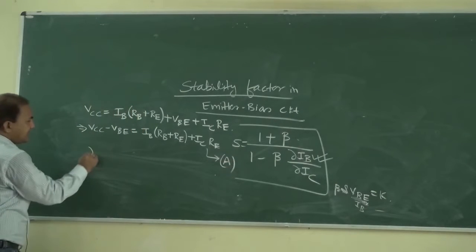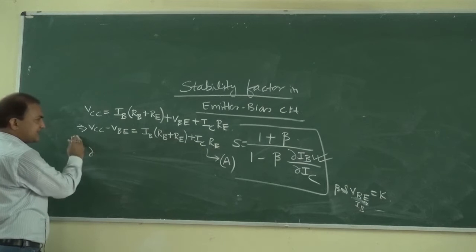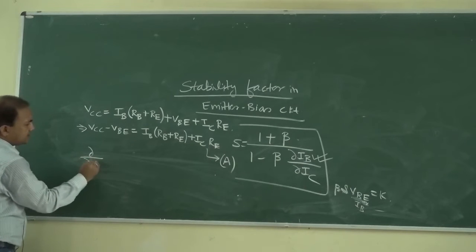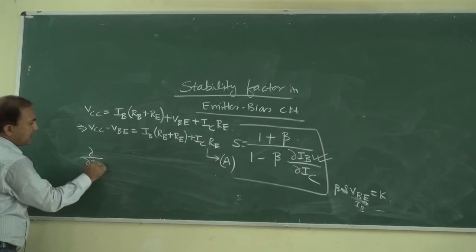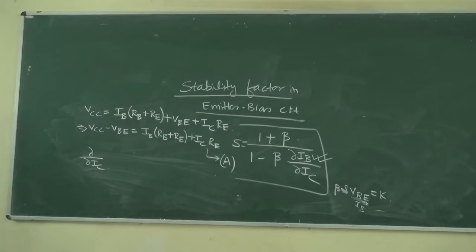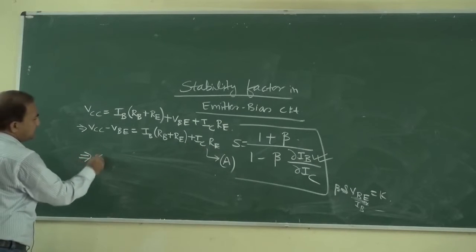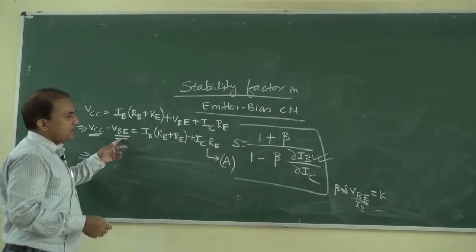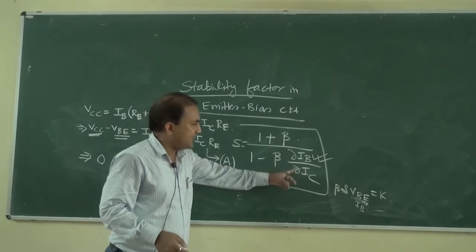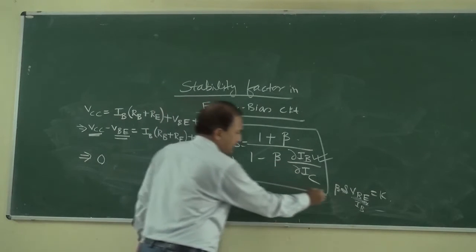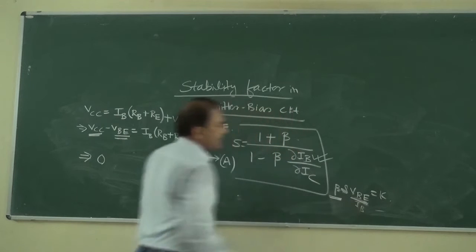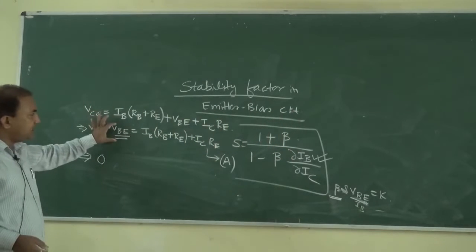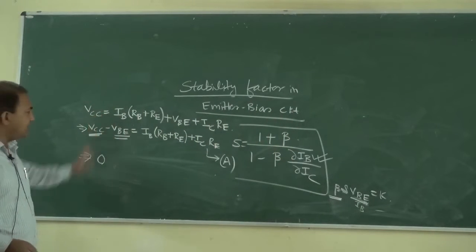Okay, now differentiate both left hand side and right hand side by del by del IC. So what we will get? It will be equal to 0 because VCC is constant and VBE is constant. Beta is fixed and constant, and VBE is independent of IC.